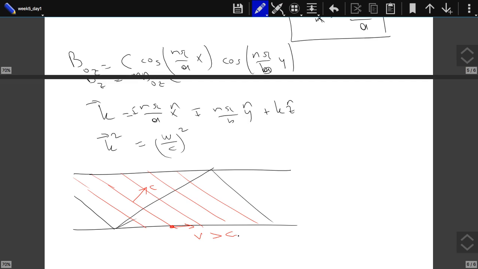This point does move faster than the speed of light, but you cannot use that motion to carry energy or transfer energy faster than the speed of light.